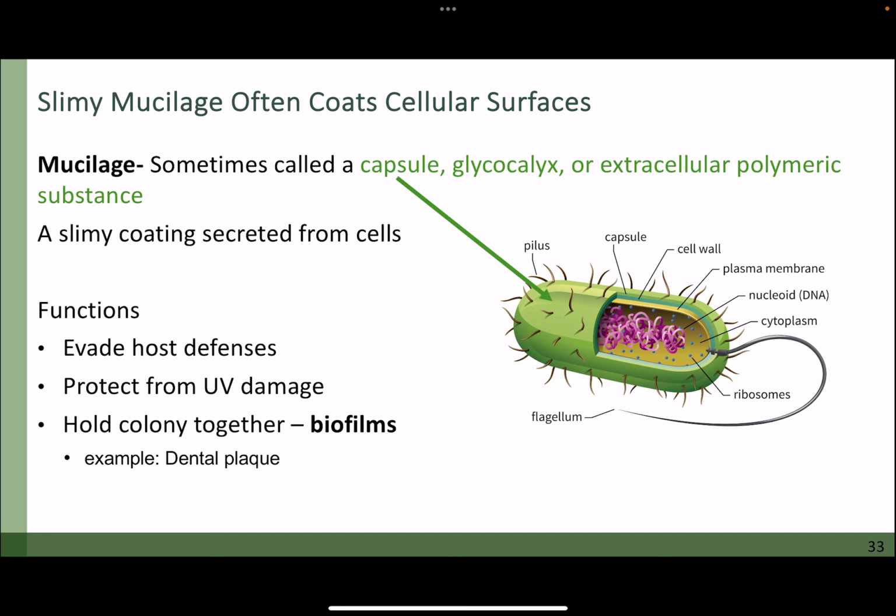I've mentioned the mucilage just a couple of times. This comes by a couple of different names depending on the textbook you're looking at. Most often, if it's not called a mucilage, it's going to be called a capsule or a glycocalyx. And again, this is just the structure that is on the outside of the membrane and the cell wall. It has a few different functions.